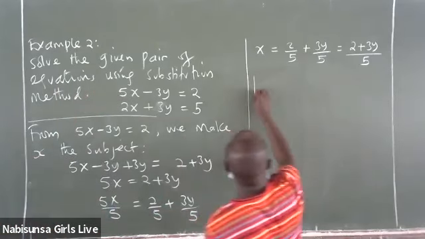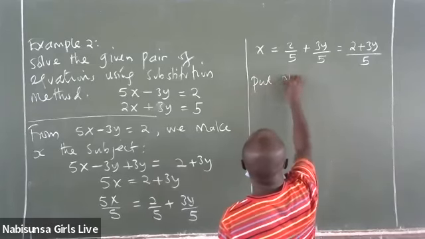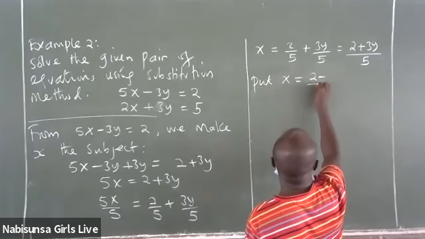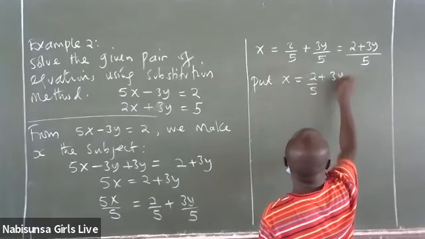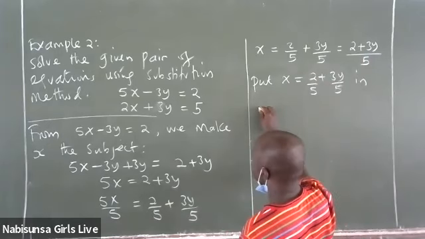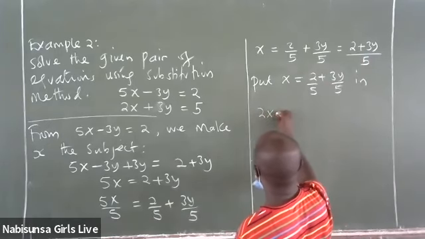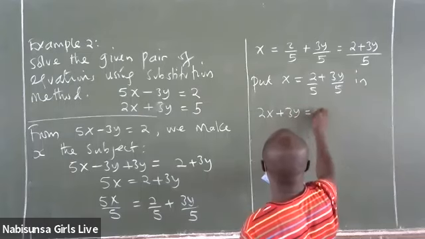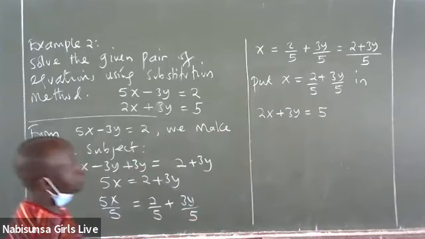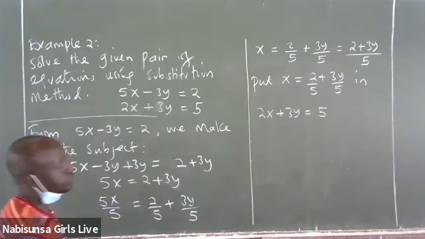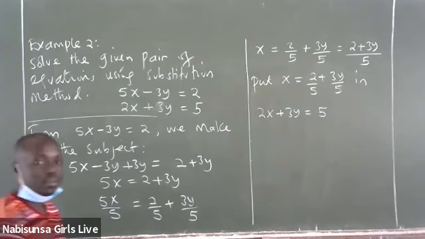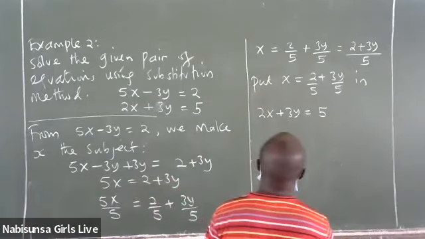So we are going to put x is equal to 2 over 5 plus 3y over 5 in 2x plus 3y equals 5. So you place it in the other equation you didn't use.